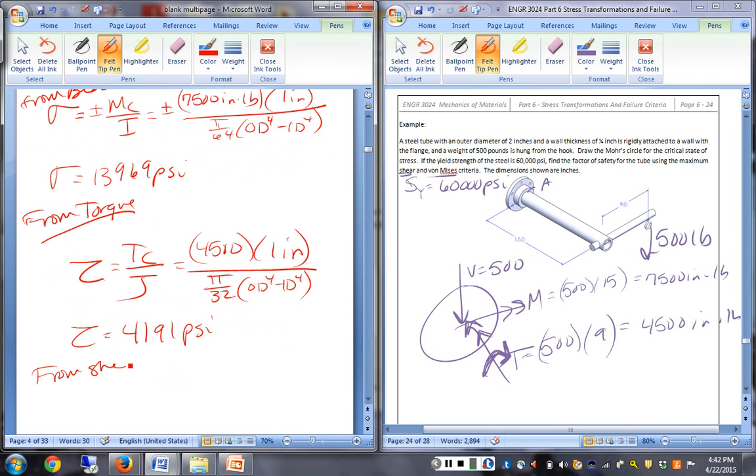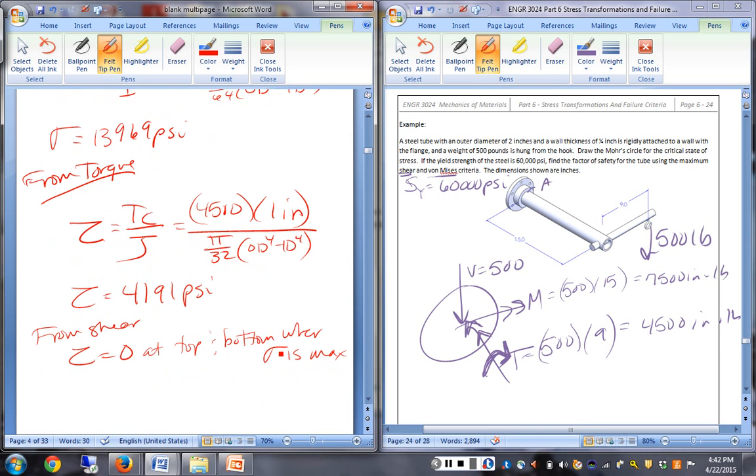From shear, I'm just going to reiterate that shear is 0 at the top and bottom, where sigma is max. If you had a very short moment arm and a very large force, that V becomes significant.